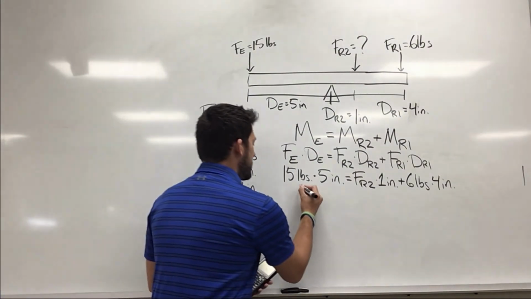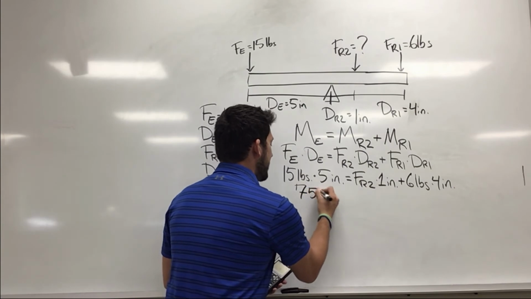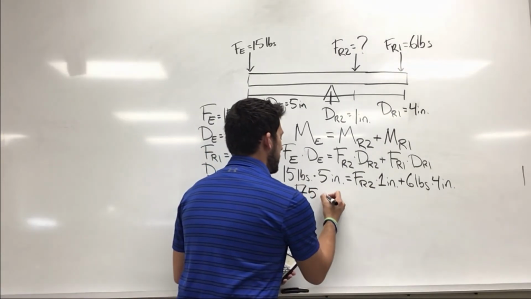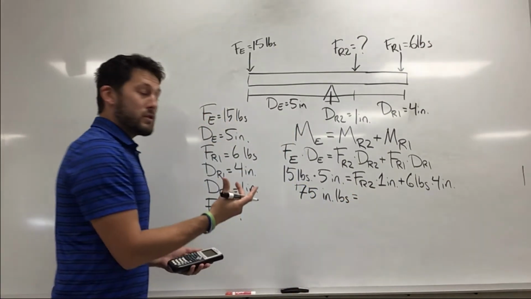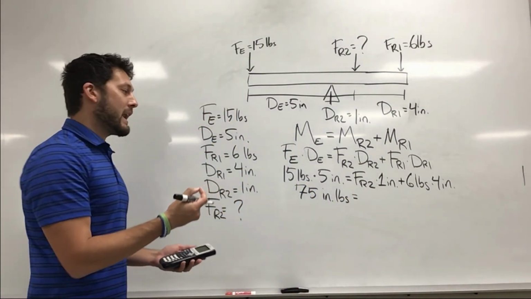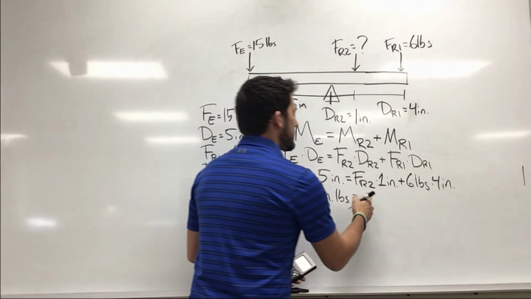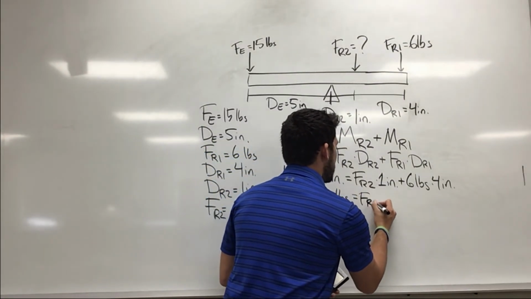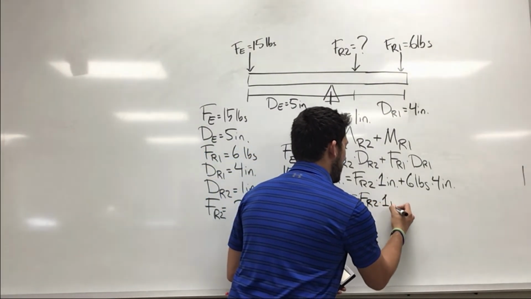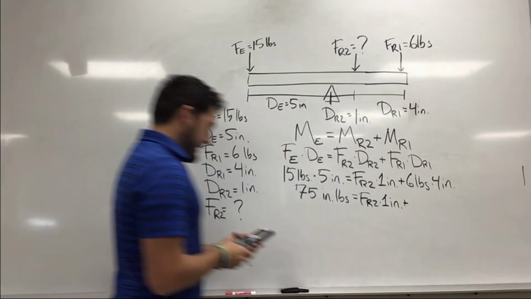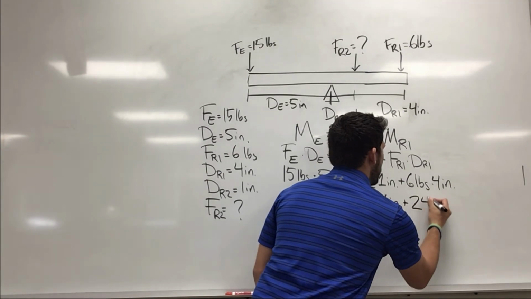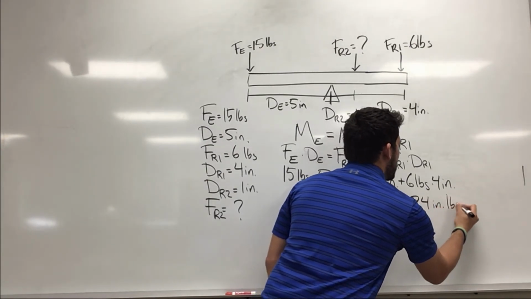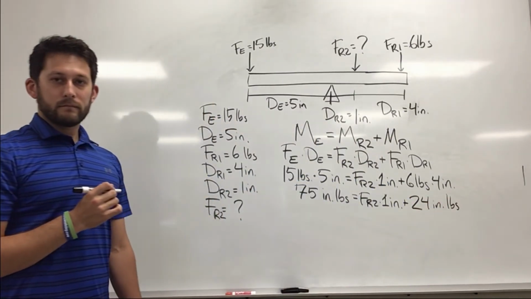So if I multiply these two together, I have 75, and I'm going to say inch pounds. So I'm just combining those units, multiplying them together like we would an actual value, is equal to Fr2 times 1 inch. I'm just going to leave that there. And then do the same thing over here is 24 inch pounds as well.